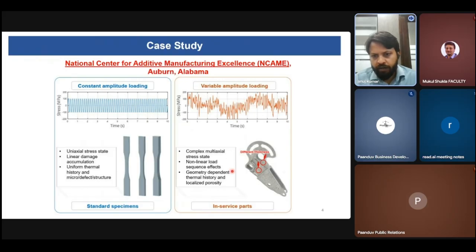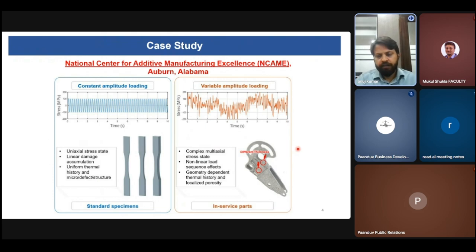So the point here is the geometry-dependent thermal history. What I mean to say is, if your part, like in aerospace or defense or automotive, wherever you are applying additive manufacturing, in particular metal, you cannot have simple constant amplitude loading, and you have to acknowledge different amplitudes, different geometric constraints on the actual functional part.